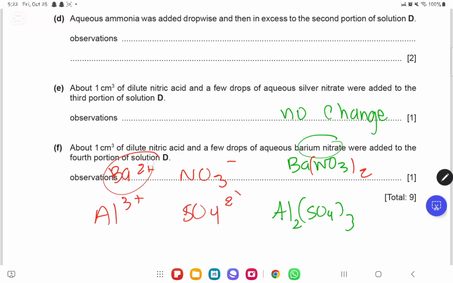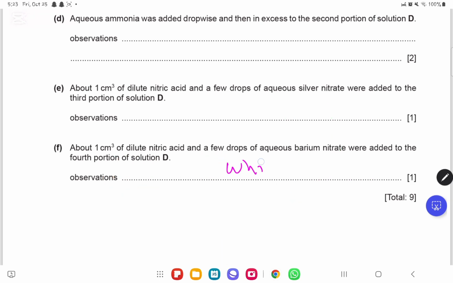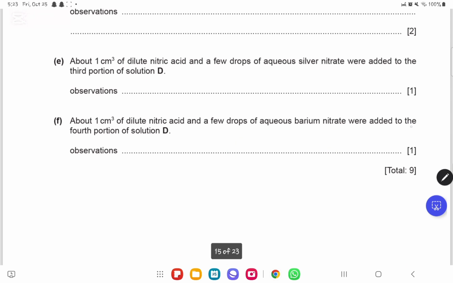We're going to switch. We are going to get BaSO4 plus Al(NO3)3. BaSO4 is a white precipitate. So the observation we are going to see is a white precipitate. Okay, that was it for this past paper.